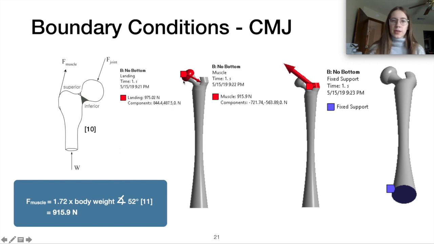And it's in different components due to the 29-degree angle. And then we have the muscle, which according to one of the papers I read is about 52 degrees. And you can estimate it by doing 1.72 times your body weight, which in my case is 915 newtons. So these are my boundary conditions, my forces, my supports for the counter movement jump.